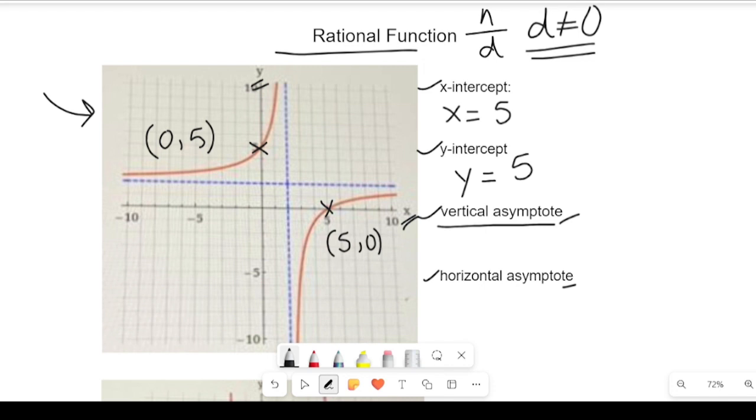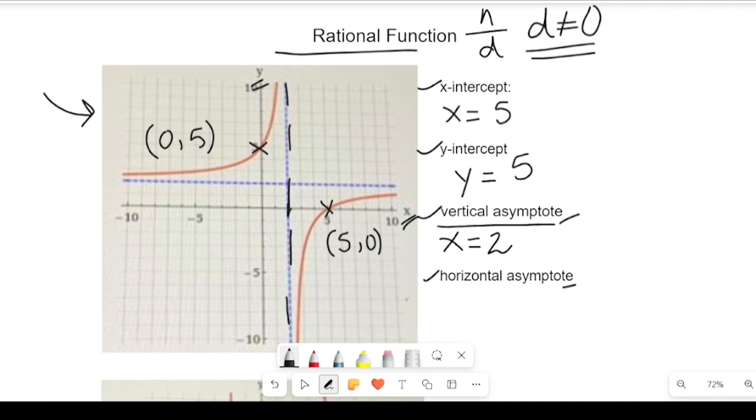So let's find our vertical asymptote. It's right here, and it's x equals 2. Our x cannot be 2, since our curve approaches really close to it but cannot reach it, because it makes our denominator 0.